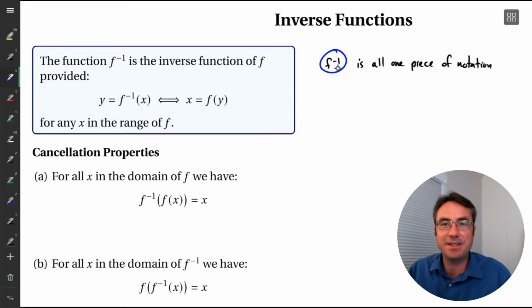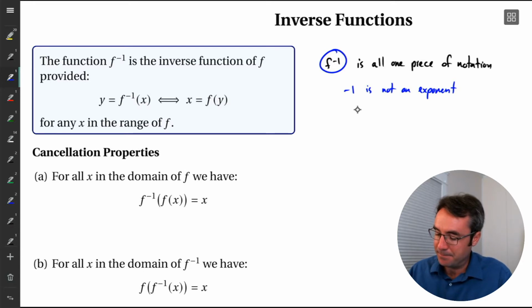It's tempting, because you see that -1 where it looks like an exponent might be. It's not an exponent. In this notation and in this discussion, this -1 is not an exponent. It's just indicating that we're talking about a different function, the inverse function of f.